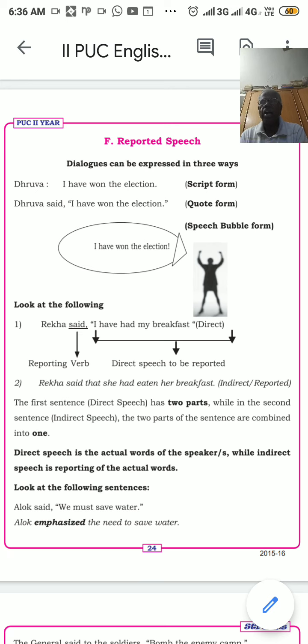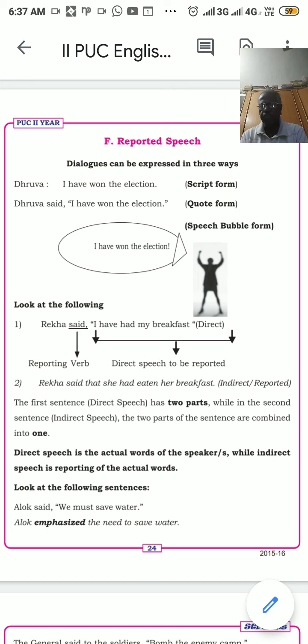Next is past perfect. See, past perfect tense is formed by had plus the past participle. Present perfect is formed by have or has plus the past participle. Past perfect is formed by had plus the past participle. And past perfect is not changed. It will be as it is because it cannot be changed.